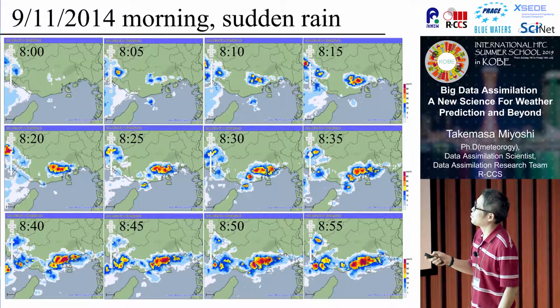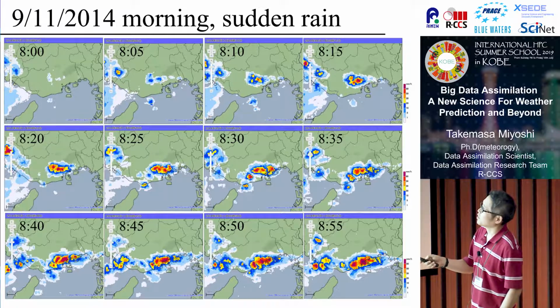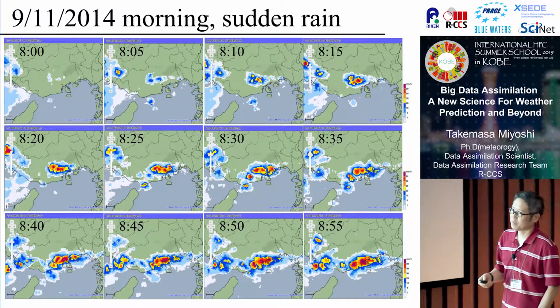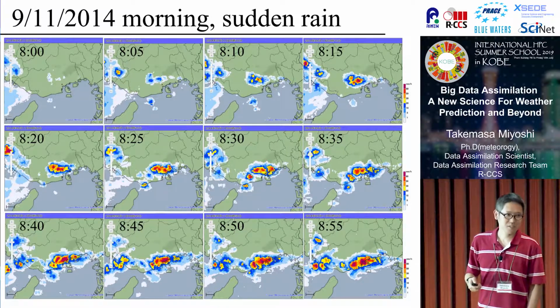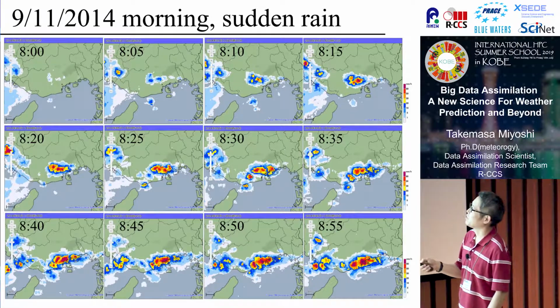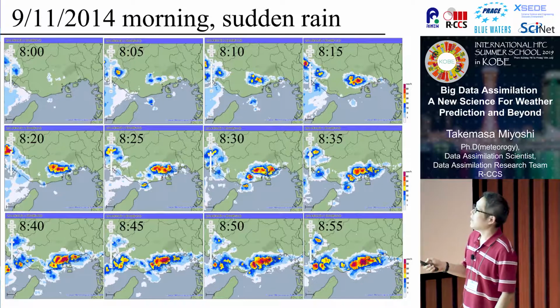I live somewhere close to Sannomiya station, and I bike every morning. So I looked at this image. I have to say that I'm a PhD in meteorology. I was a professor teaching weather analysis. And I looked at the sky, and I thought that this is okay to bike. It usually takes 30 minutes from here to here, biking. So this was really bad, actually.